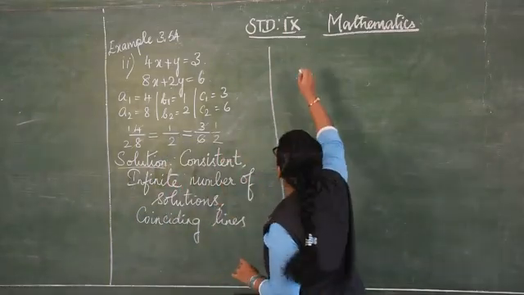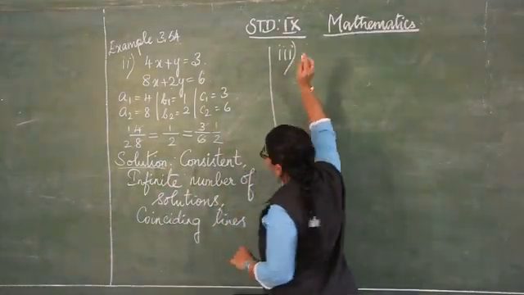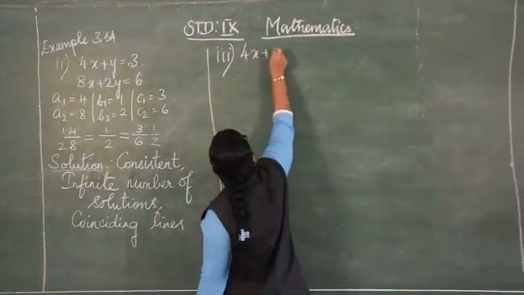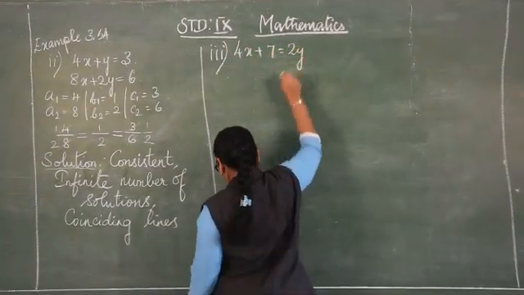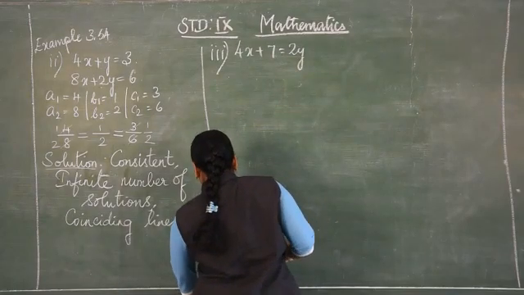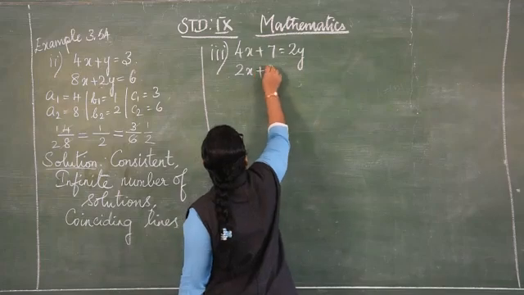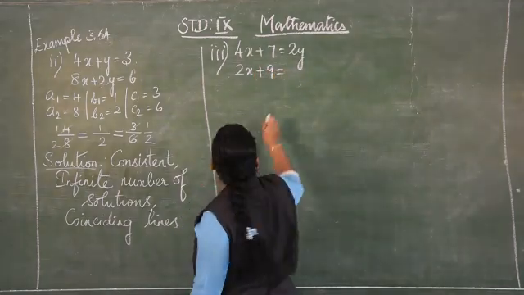Now third subdivision. 4x plus 7 is equal to 2y, and 2x plus 9 is equal to y.